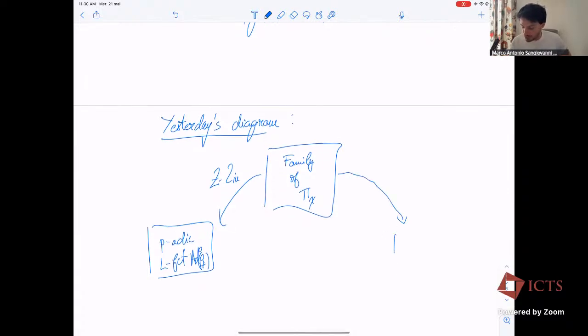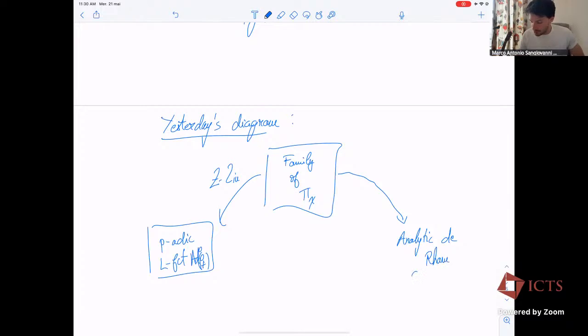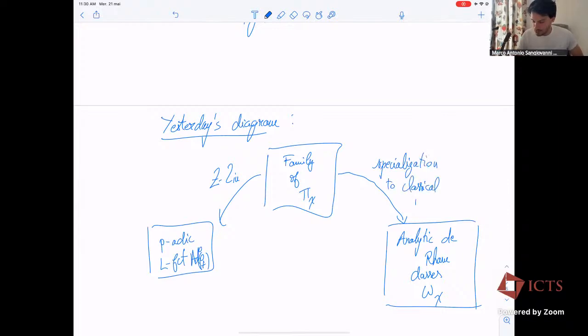And now we've done the first step, which is analytic de Rham classes. So these are my omega chi's. This is specialization to a classical point. This is just the specialization of the family that's underlying these Eisenstein series to weight 3.